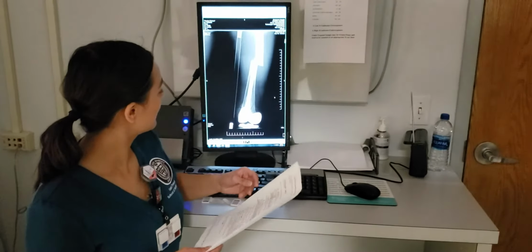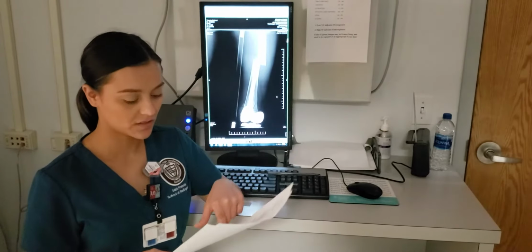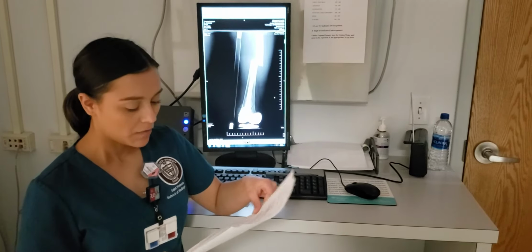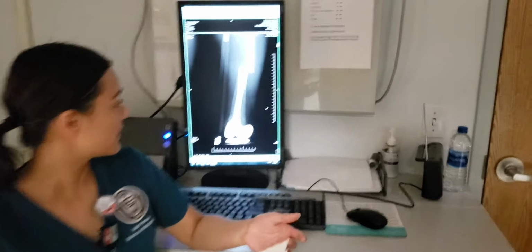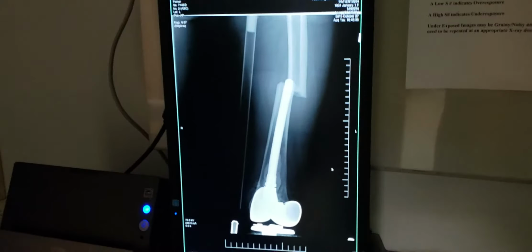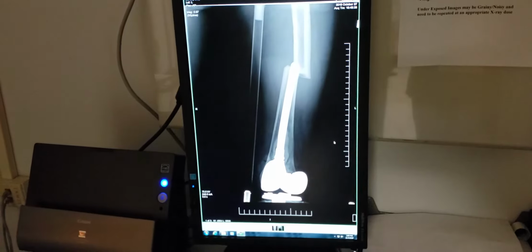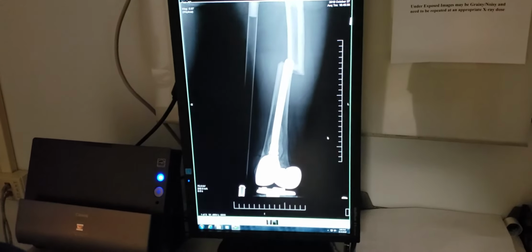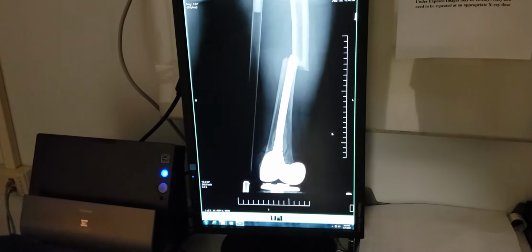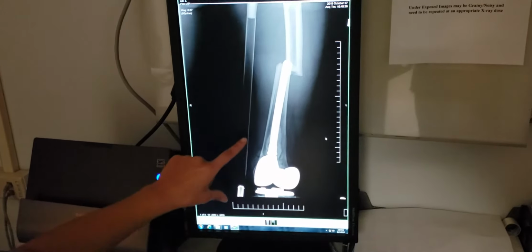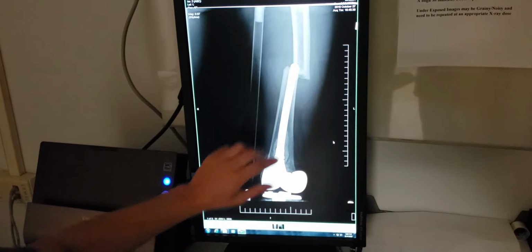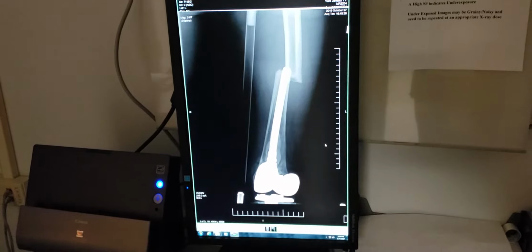So yes, like Alex mentioned before, the immobilizer is in the soft tissue, but it's helping support the patient's legs. So in this situation, the object in the way right here is okay, because it's for the patient's benefit. And it's not even obscuring any part of the bone here, so that's okay.